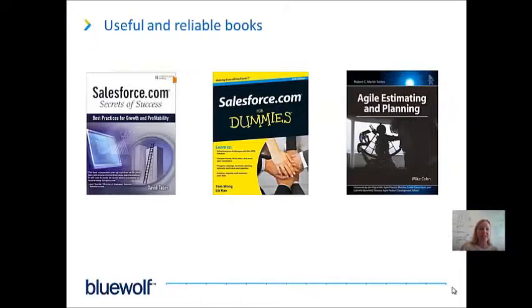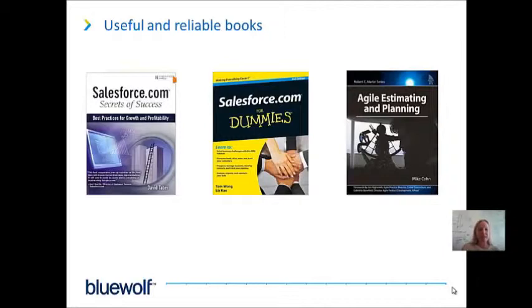Salesforce.com Secrets of Success is written by David Taber. It focuses on implementation as well as innovation in an existing org. The book is written from the Agile perspective and uses vocabulary for iterative improvement in your Salesforce instance.